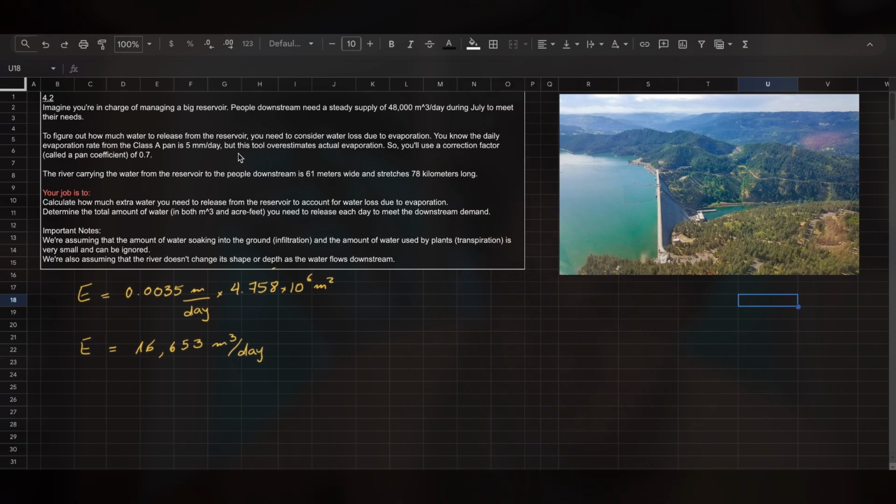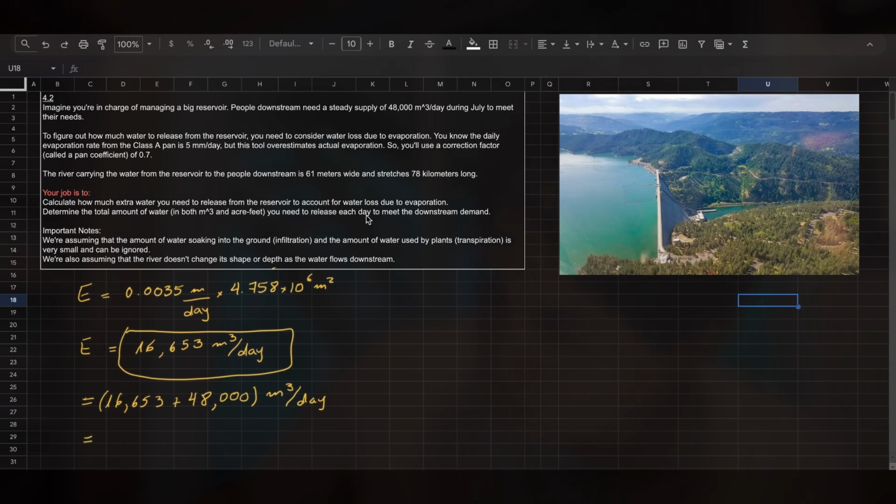Now we are being asked to determine the total amount of water you need to release each day. If this is the amount of water lost and we need 48,000, we just need to release those 16,653 plus the 48,000 cubic meters per day.